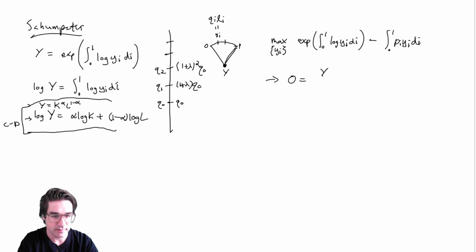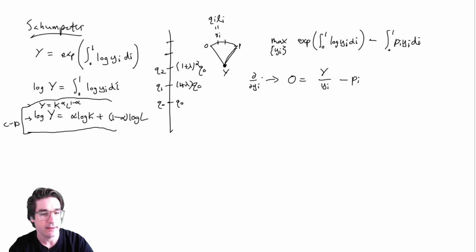So let's save ourselves a bunch of virtual ink and just write y. Then the derivative of what's inside for a particular i is going to be 1 over yi, so we get y over yi. And then minus what? We're just going to pick up a pi. So that's pretty simple.